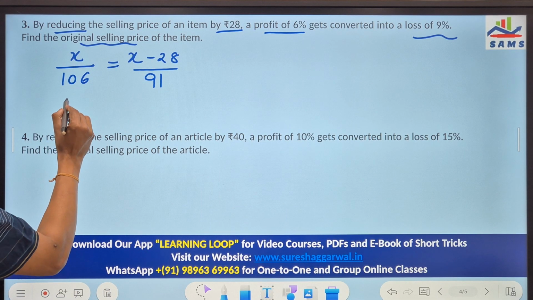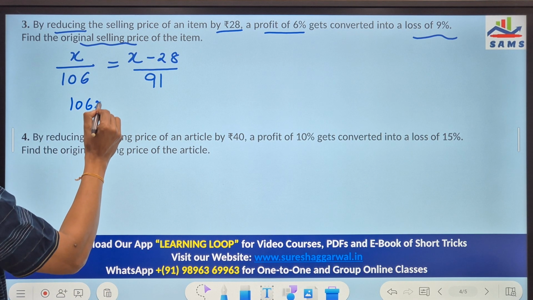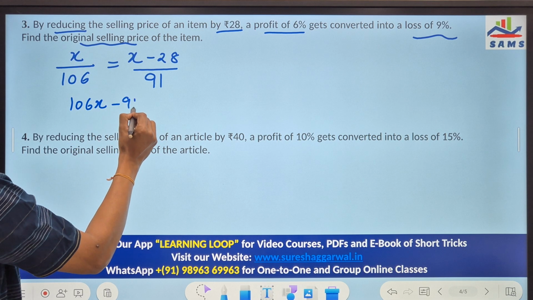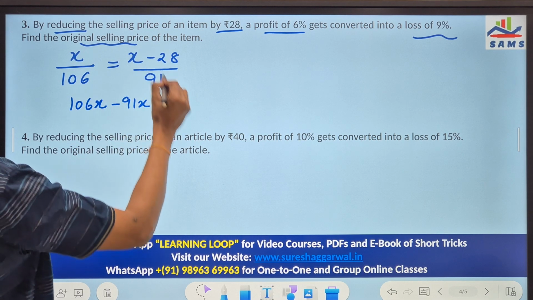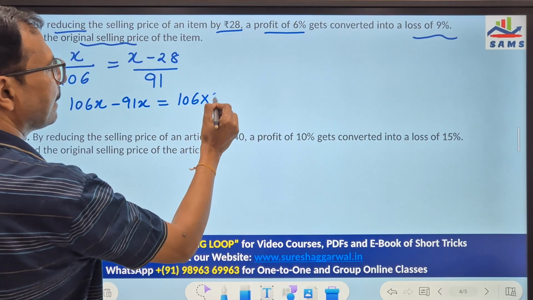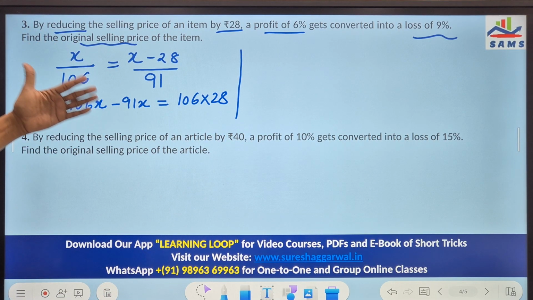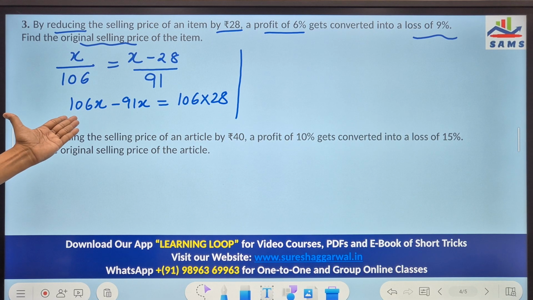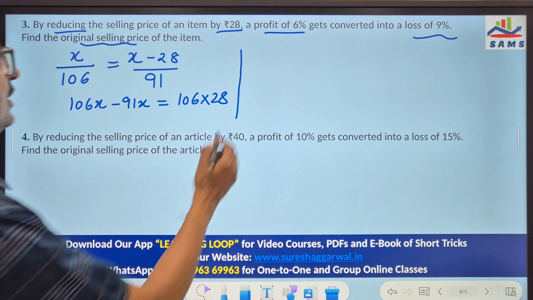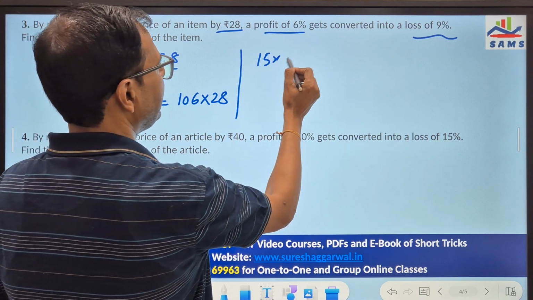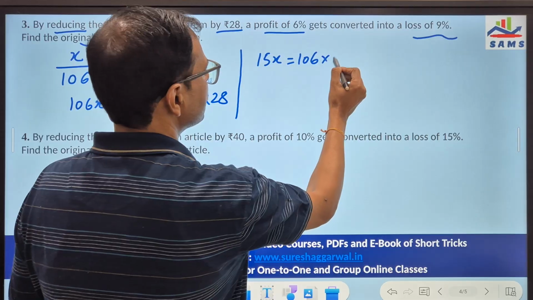See, again cross multiplication, 106x minus 91x equal to 106 into 28. See, we are skipping steps now, and still we are very quick in this. So 106 minus 91 will give you exactly 15, right? So 15x will be 106 times 28.